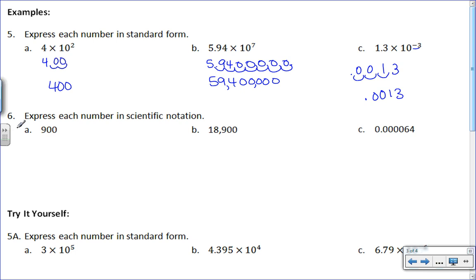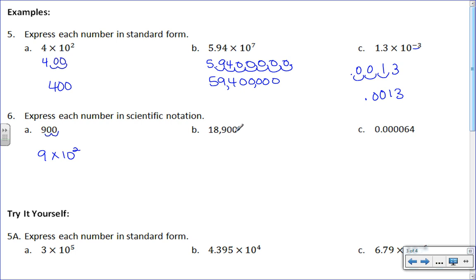Okay. Example 6 says to express each number in scientific notation. And again, think about the difference between large numbers and small numbers. 900 is a large number. So we move the decimal 1, 2 times, because we want to stop right after the 9, because 9 is between 1 and 10. And this is times 10 to the, we move this 2 times, and this is a large number, so positive 2.